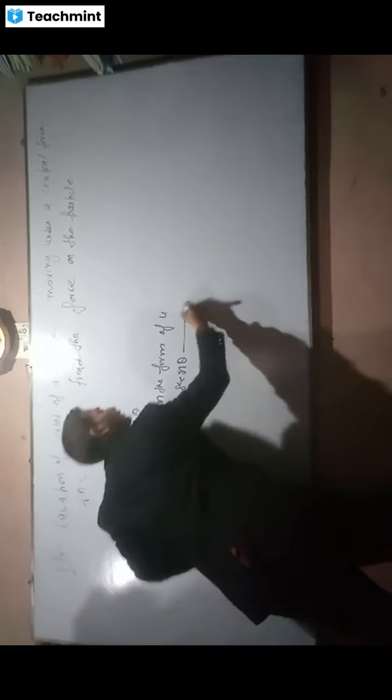Here taking log both sides of equation first, that means n log u equal to log 1 upon a plus log sec n theta.